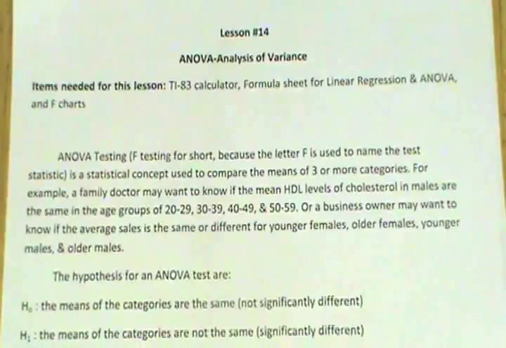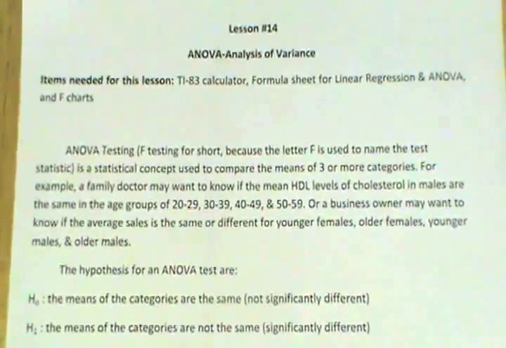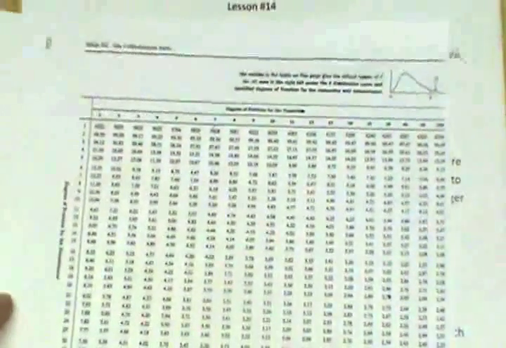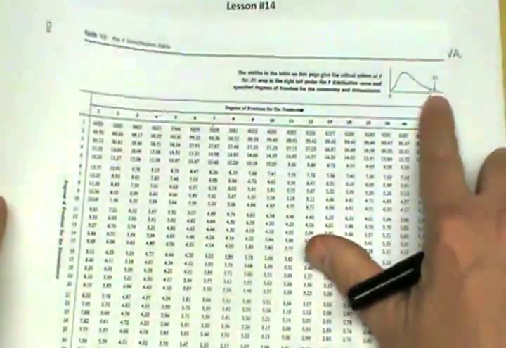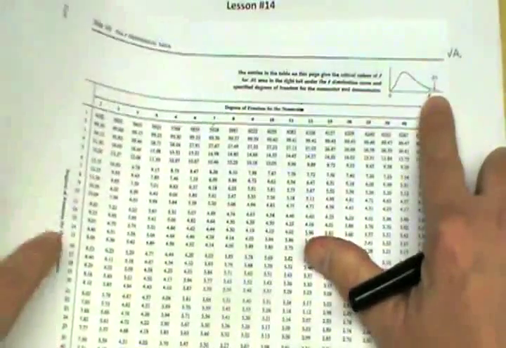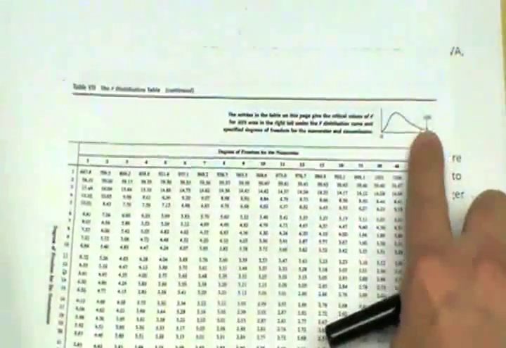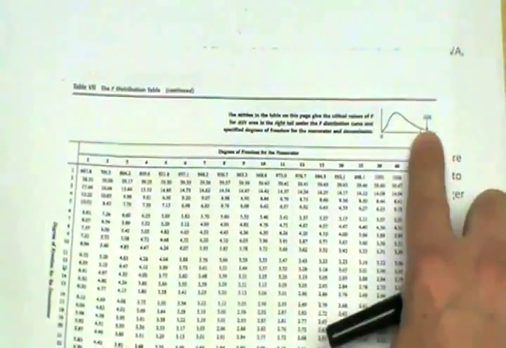Let me see if I can grab the F charts. The F charts look like this. Again, you're going to download these off the website, and there are 4 charts. If you notice in the upper right hand corner, this chart is for the 0.01 significance level, or 1% significance level. And this part is the 2.5% significance level.